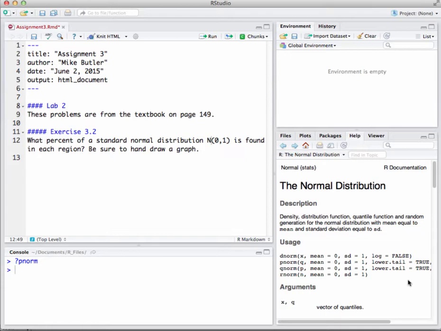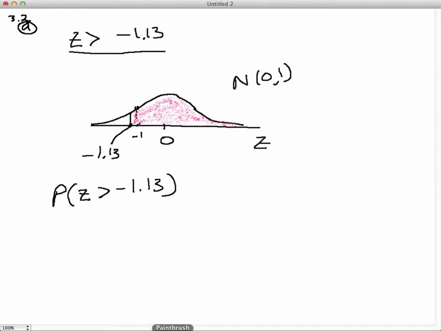So there's a couple of different ways we can get RStudio to do this for us. So let's go back to the whiteboard here for just a minute and let's talk a little bit about how we can get RStudio to do this. So one way is we can say, all right, well, this is pnorm. So I want a probability from a normal distribution. My value, my mark in the sand here, is at negative 1.13. My mean is 0.